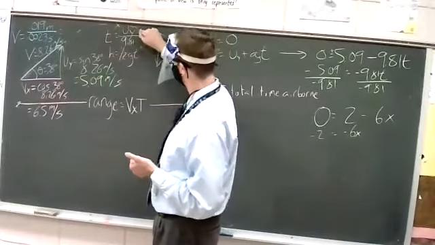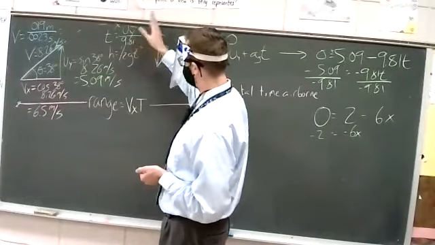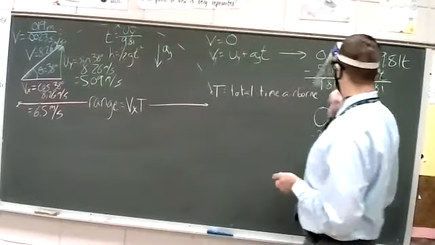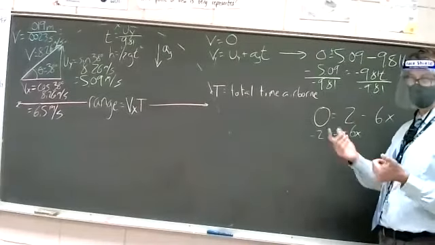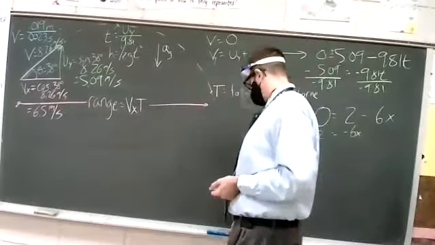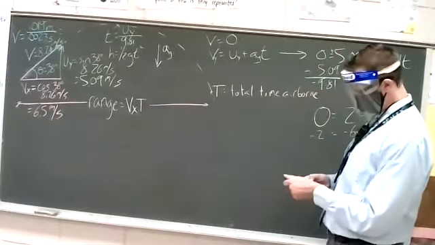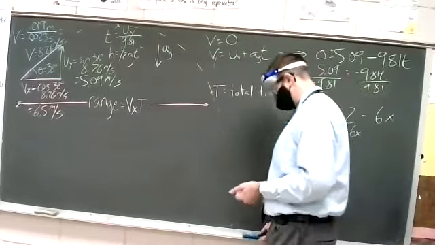So the time is the initial velocity divided by the acceleration due to gravity. So for this one, what's 5.09 divided by 9.81? It's about half a second, right? What do you get when you do that? 5.09 divided by 9.81. 0.52.